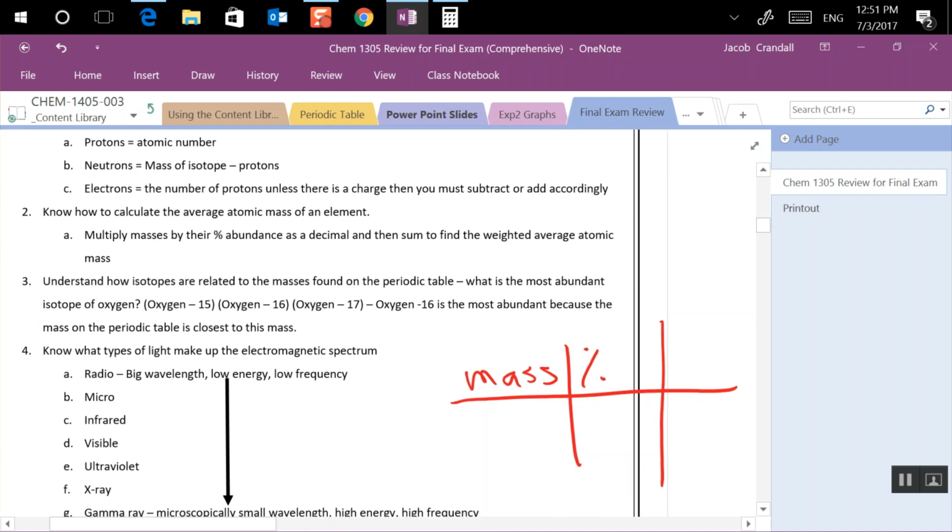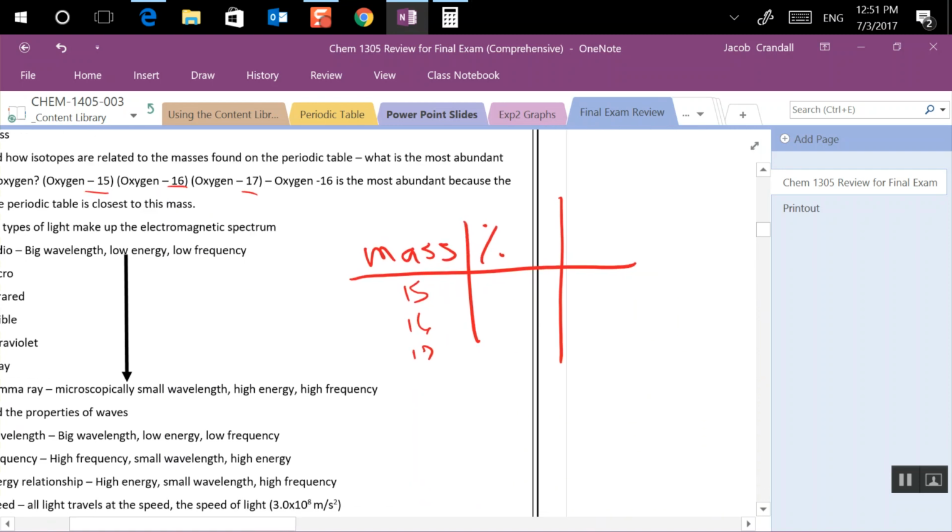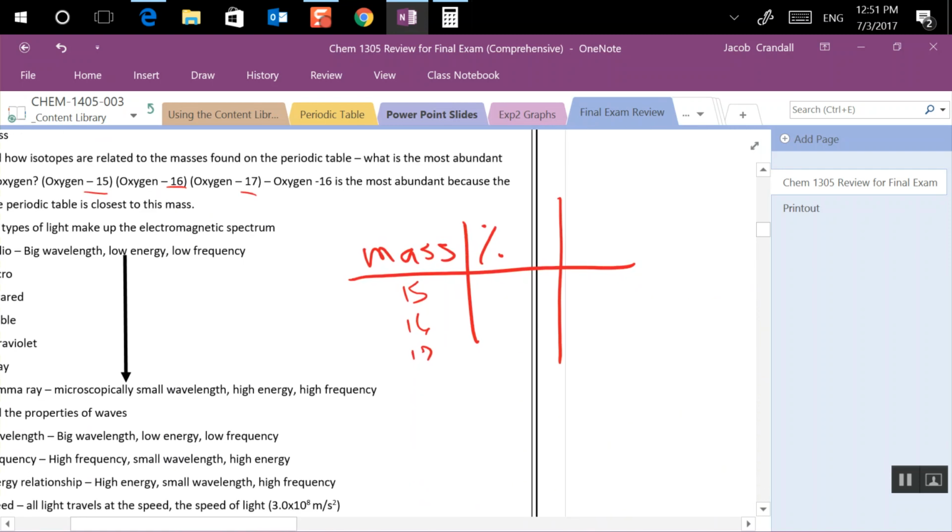And then, in this example, they gave us oxygen 15, 16, and 17. Those are the masses. And then they would tell me the percent abundances. We would assume, obviously, 16 is the most abundant, so it's going to be something like 94%. Let's say 15 is 2%, and 17 would be 4%.